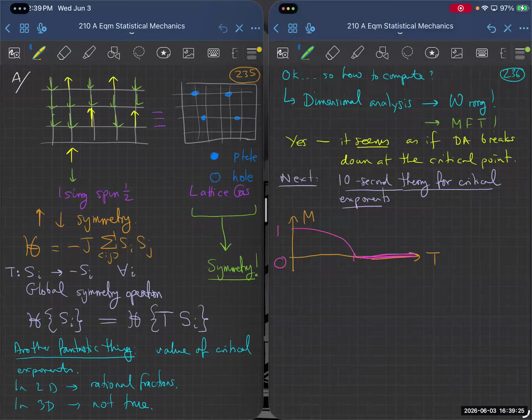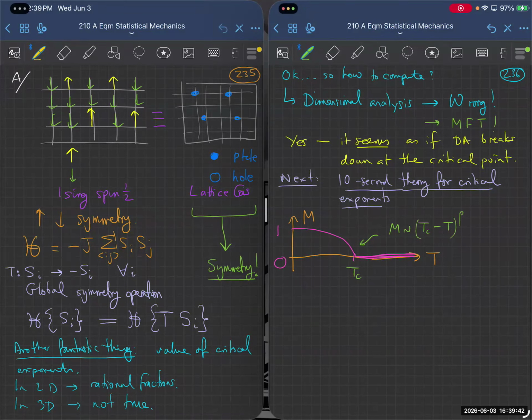And the question that we want to know the answer to is, near this point TC, as T goes to TC from below, m goes like that. And the question we want to understand is, what is the exponent beta?